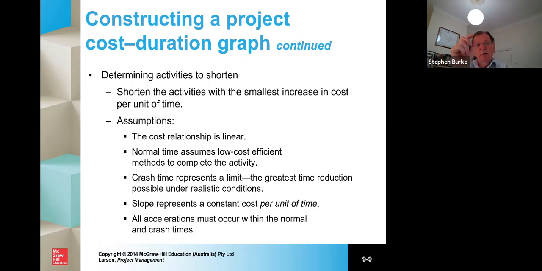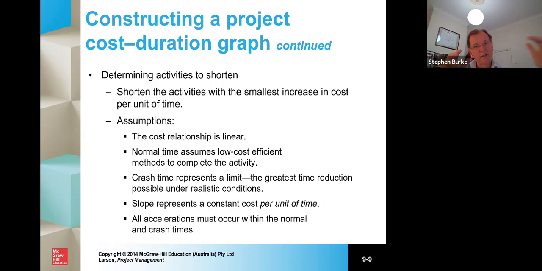Of course, your project management team might say, well, we can reduce the cost of A, B, and C. However, that will cause an increase in activities D, E, and F. So what we might save in terms of time on A, B, and C, we lose in additional costs in D, E, and F, and it may mean that we might need to take extra time to do that.